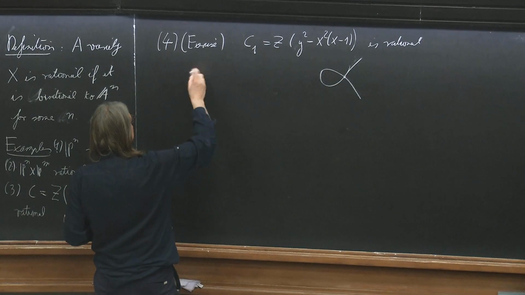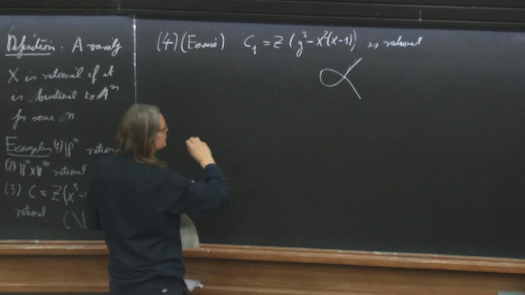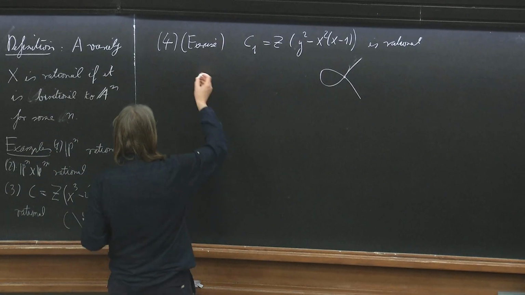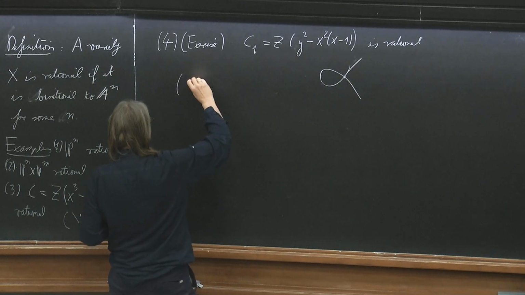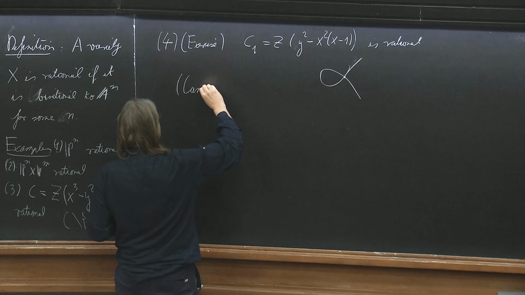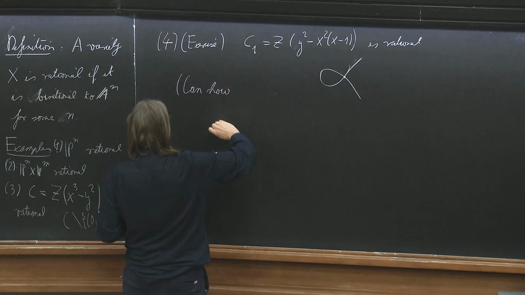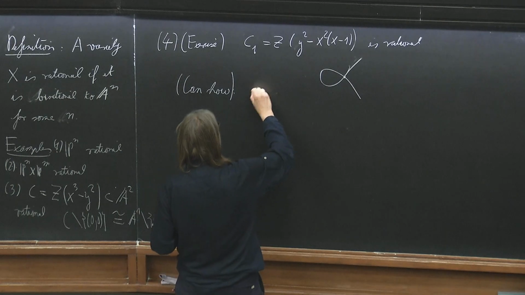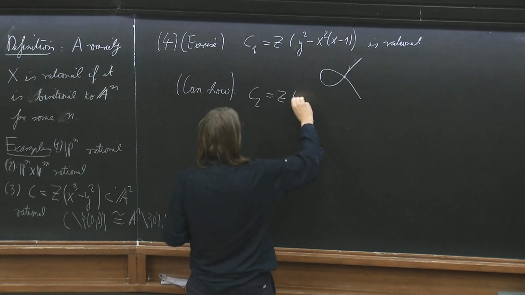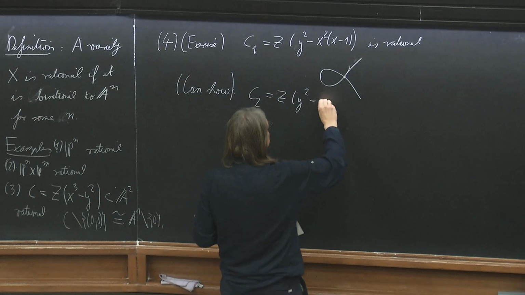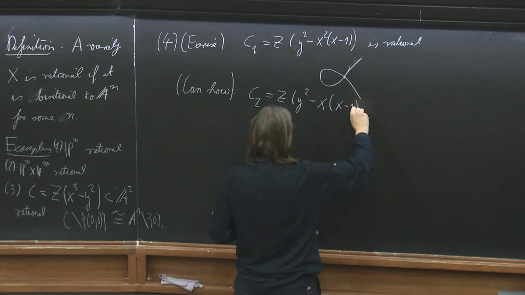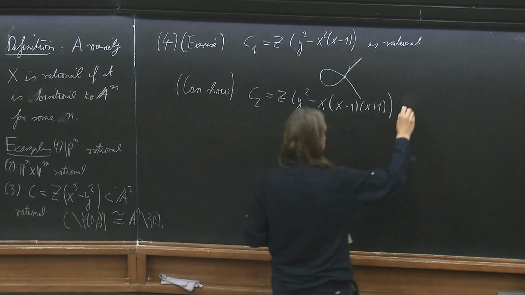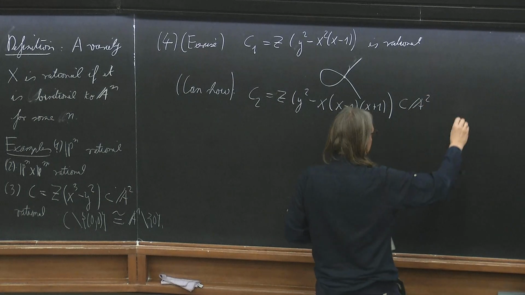And what is more difficult is, in general, if we have a curve of degree 3, it will not be rational. So one can show, but we can't yet, that, for instance, if we take C2, the zero set of y^2 minus x times (x minus 1) times (x plus 1), it is not rational.